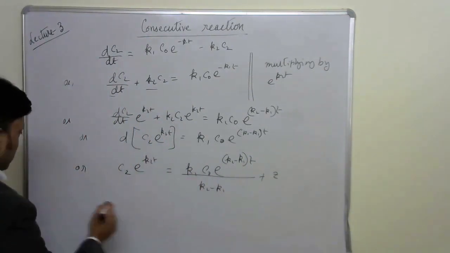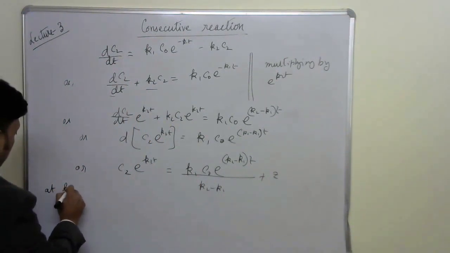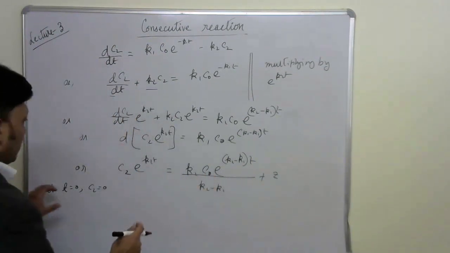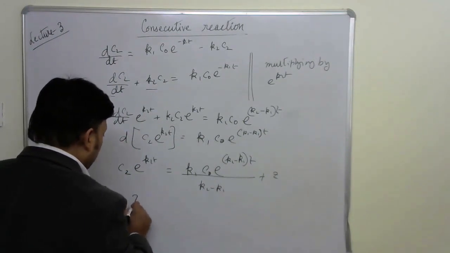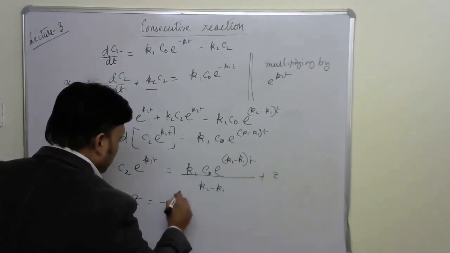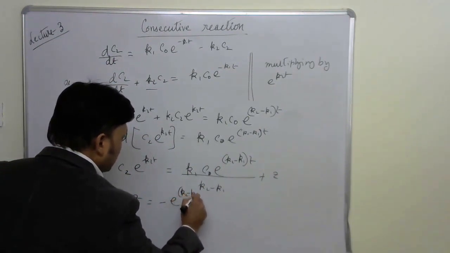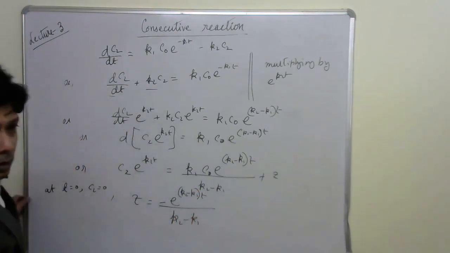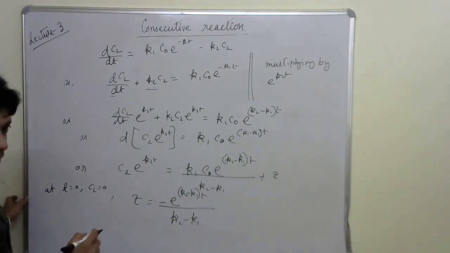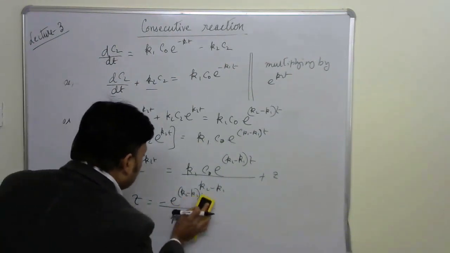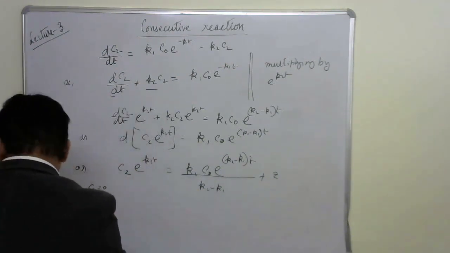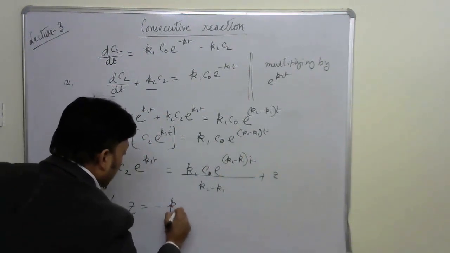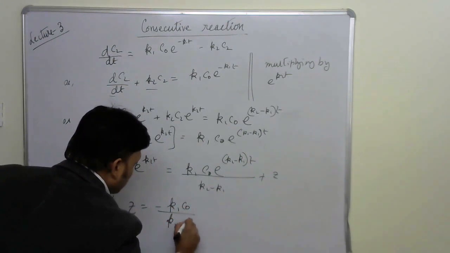Now if we put the condition that at t equal to 0, C2 was 0, all right, then this part becomes 1 when t is 0, so z becomes equal to minus K1 C naught divided by K2 minus K1.